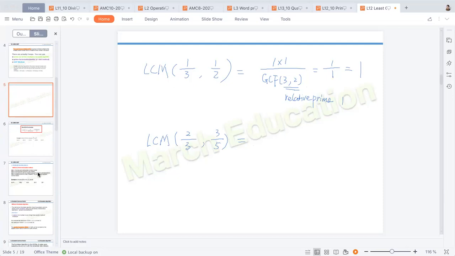Two-thirds and 3/5. What's the least common multiple of these two numbers?